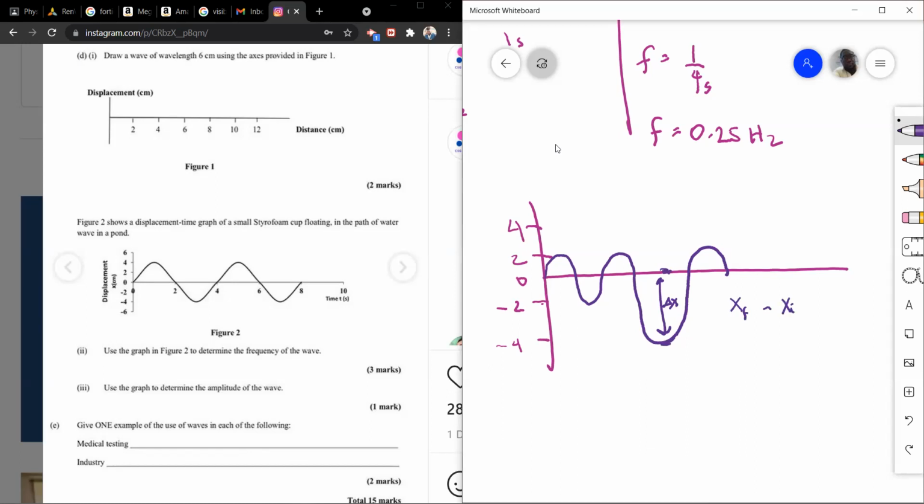It's not what you're going to be considering your final and your initial if you're going up and down. So had this been the thing that we're looking at, your initial would be 0 and your final would be the positive number.